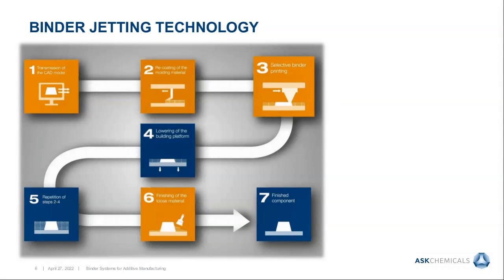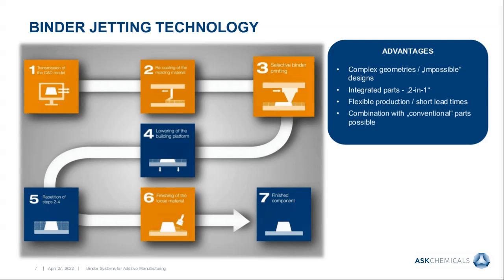The platform is then lowered and the step of spreading a layer and printing an image is repeated until the job is completely finished. After printing, the remaining loose material which was not printed has to be removed from the printed parts and we obtain the finished component.